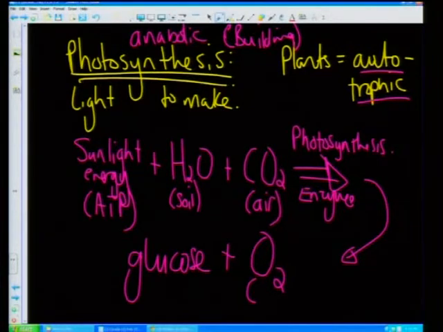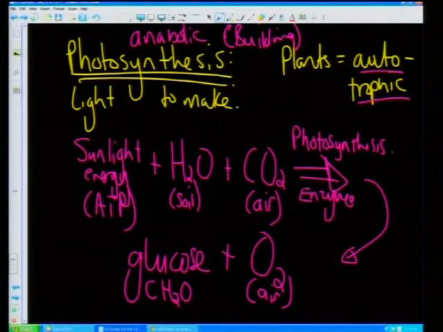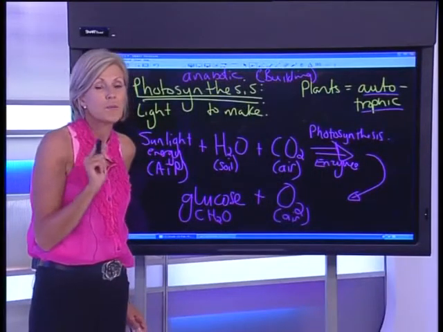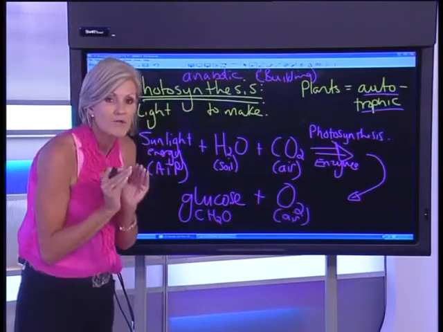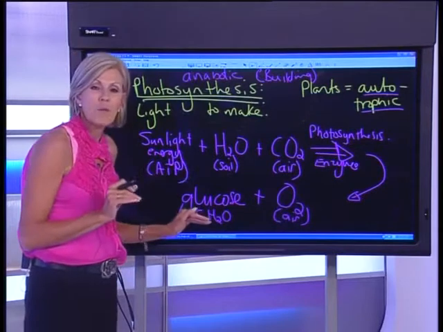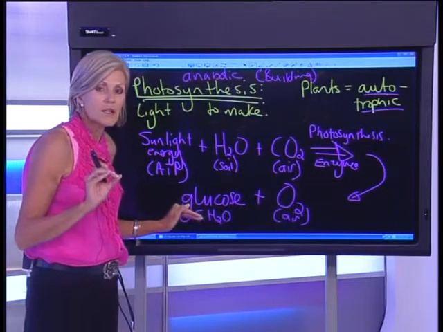The oxygen is released into the air. Your glucose is made up of carbons, hydrogens, and oxygens. The hydrogen to oxygen ratio is always 2:1, remember people, because it's a carbohydrate, and it is a monomer, a monosaccharide.